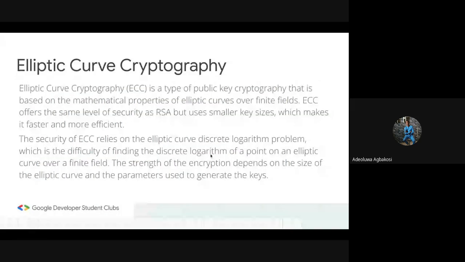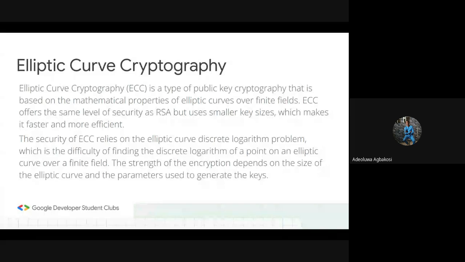We have elliptic curve cryptography. Elliptic curve cryptography is another form of asymmetric key cryptography. It is a type of public key cryptography that provides the same level of security as RSA, but uses smaller key sizes, which makes it faster and more efficient.